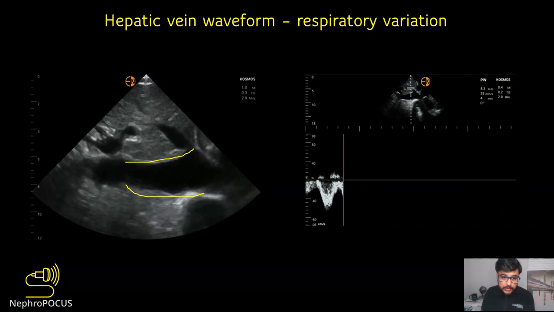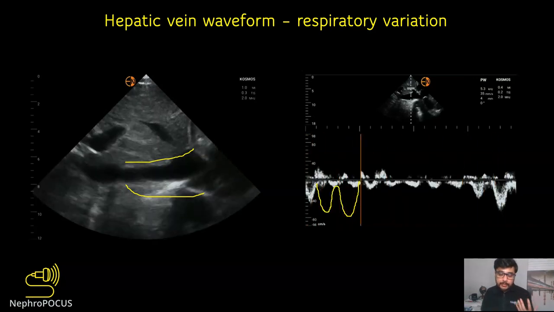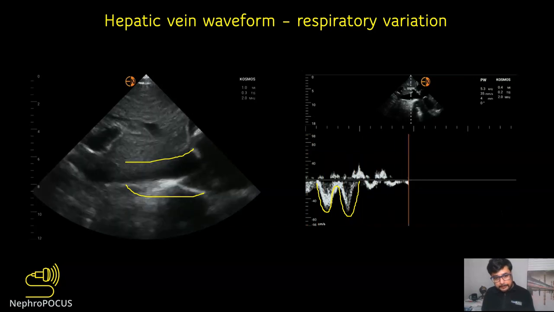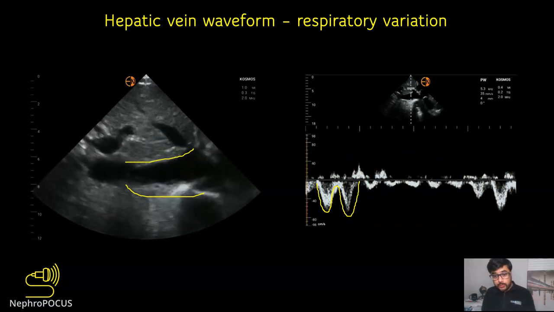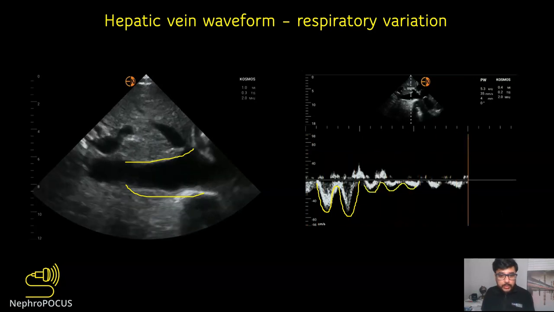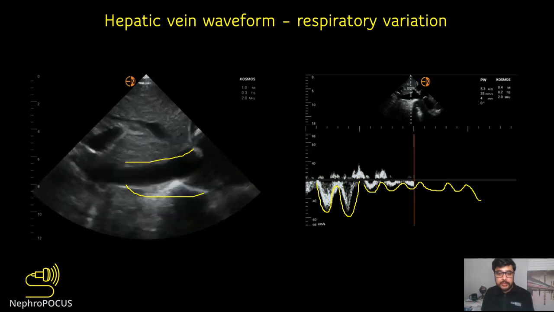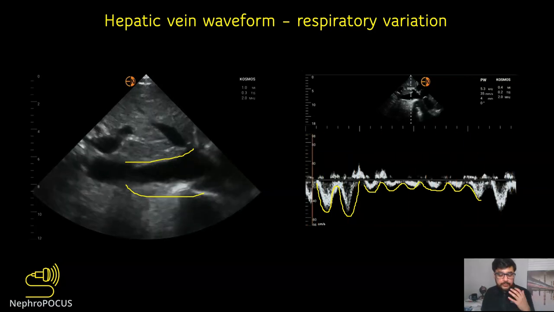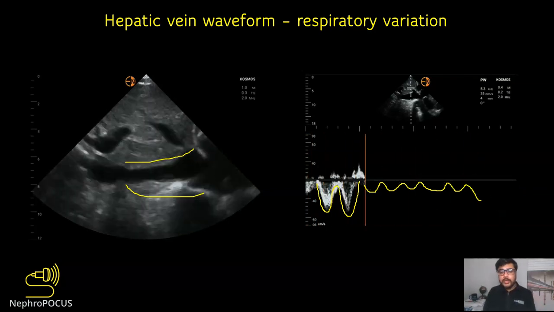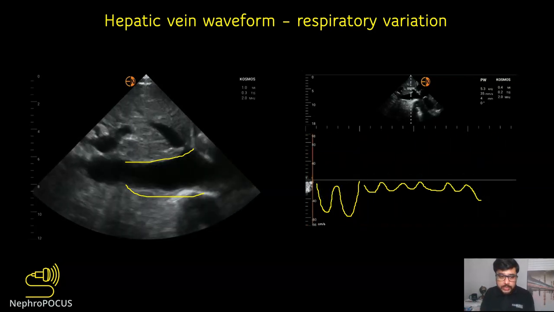During inspiration, both the S and D waves increase in amplitude, because there is more venous return going into the heart. And during expiration, these waves become small. I put this example up because it very nicely demonstrates the difference between inspiration and expiration. In all normal patients, it won't be like this, but this patient had tremendous strength of breath.